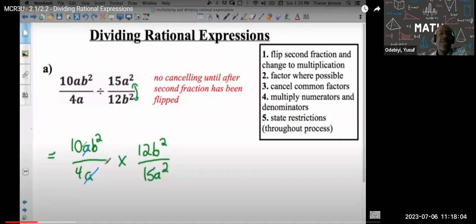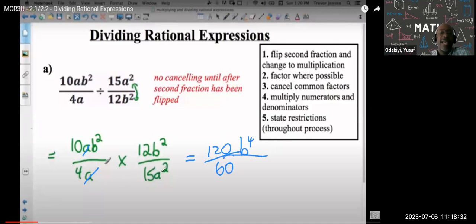Well, one of the things you can do is 10 times 12, 120. Let me write this out. I'll go this way. It's going to be 120 over, and now 4 times 15 is what, 60? Okay, that's the coefficients, but then I have b squared and b squared, so that's going to be b to the power 4, right?